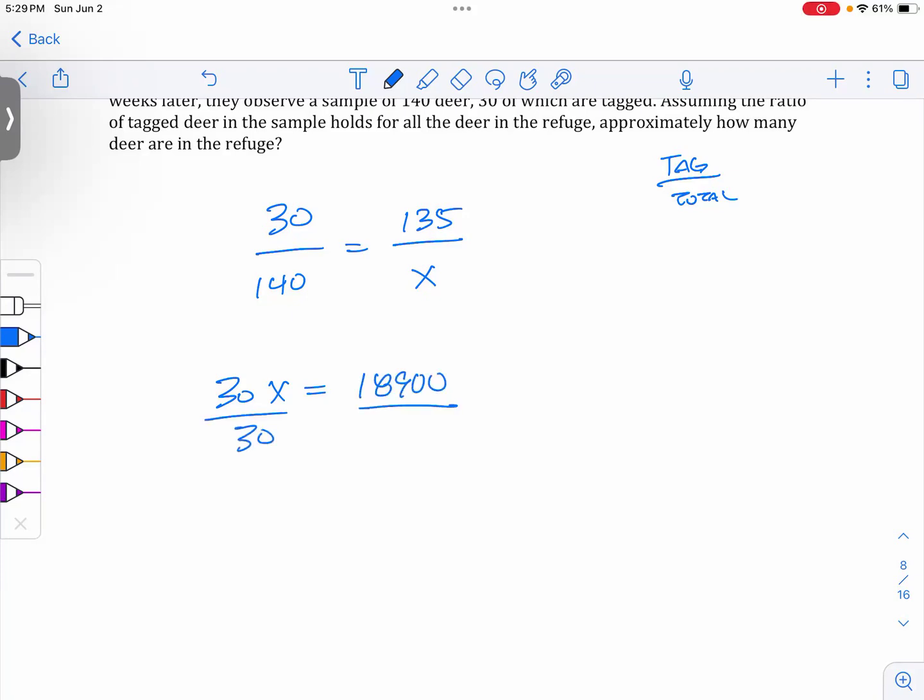Divide by 30. And so we estimate there are about 630 total deer in the area.